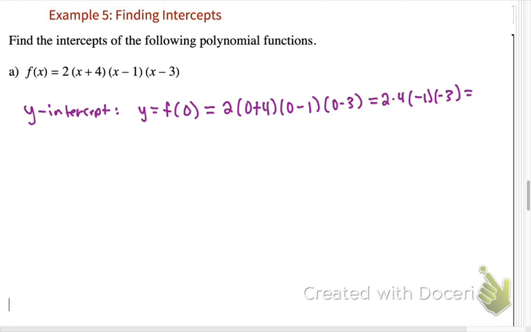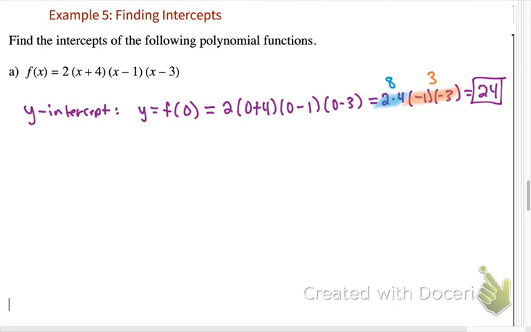Negative 1 times negative 3 is positive 3. And 8 times 3 is going to give us a y-intercept, or output, of 24.